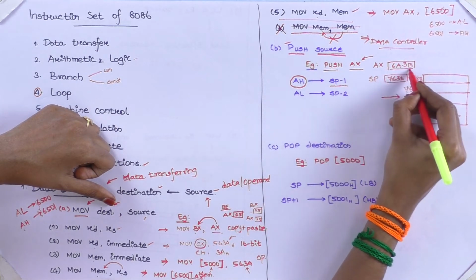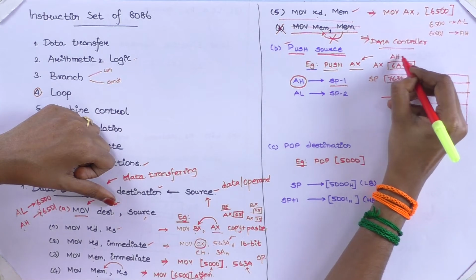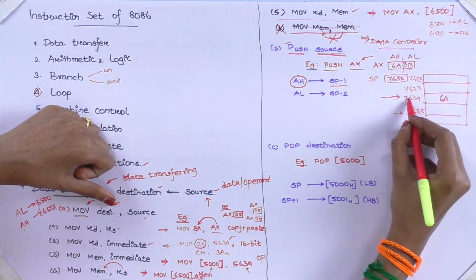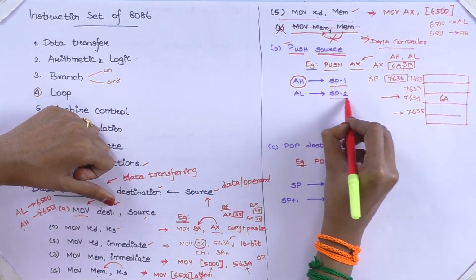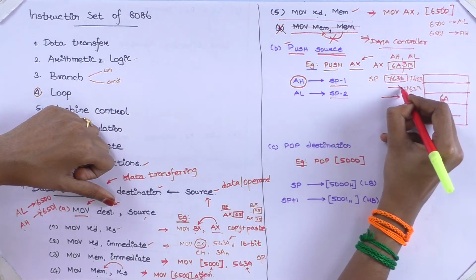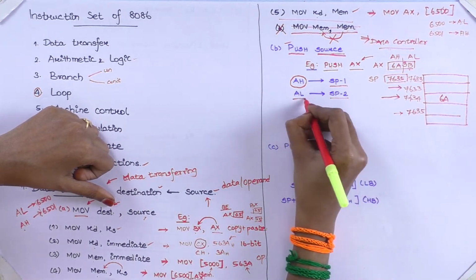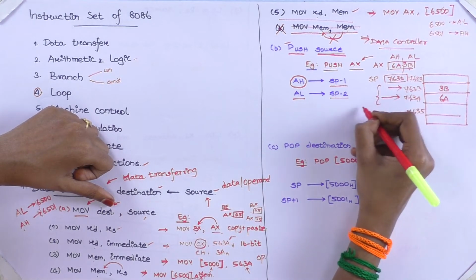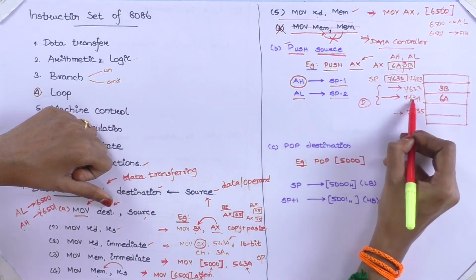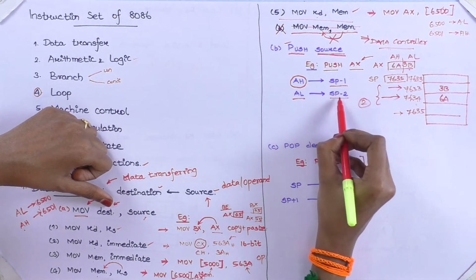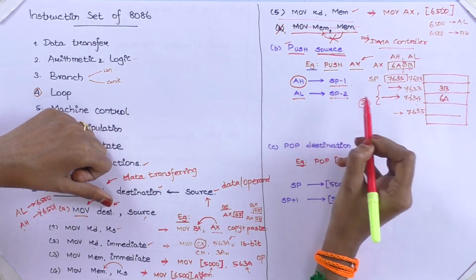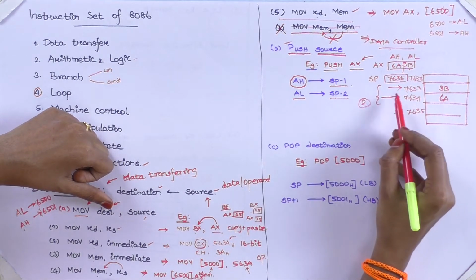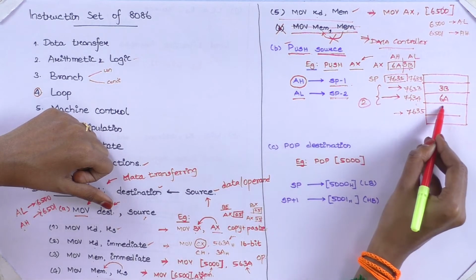This is your AX value, in this is AH and this is AL. 6A will be stored in 7634. Again the pointer will be decremented by 1, and the AL value, which is 3B, will be stored. As a total the stack pointer is decremented by 2 locations. This is what is given here, SP minus 1, SP minus 2. So, when you perform push operation, the address locations will be decremented and the value will be stored accordingly.